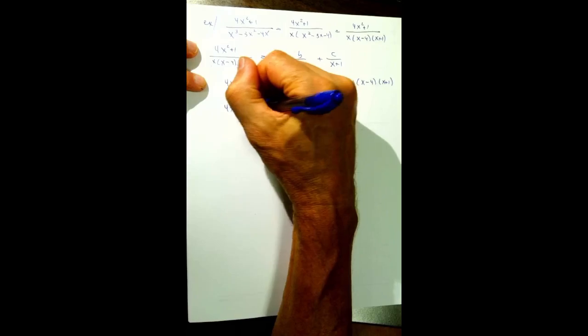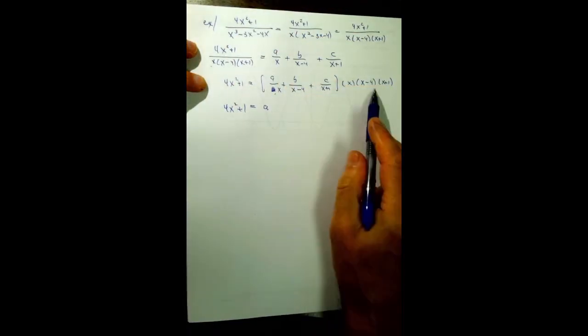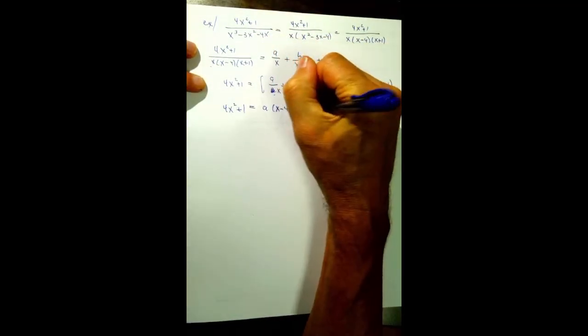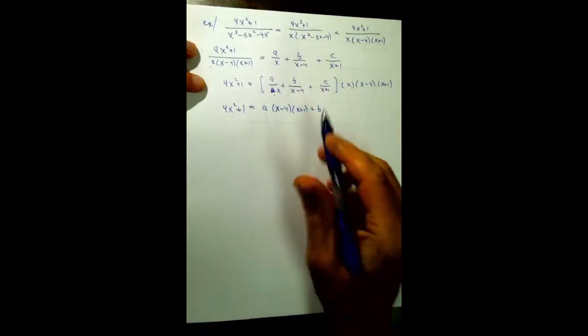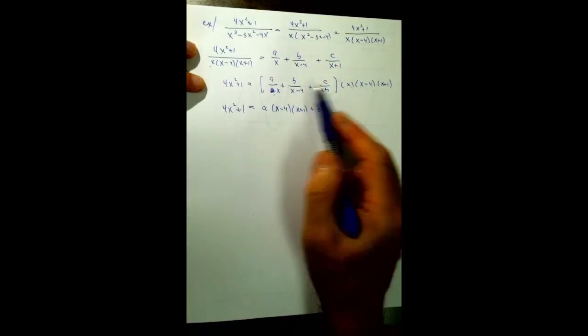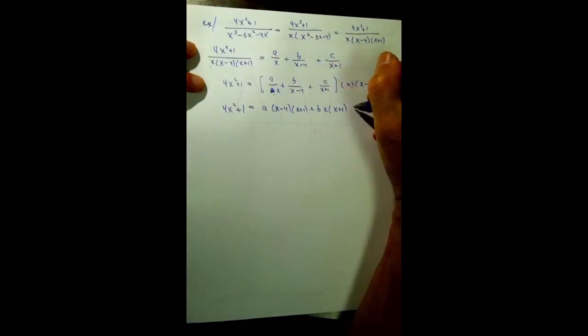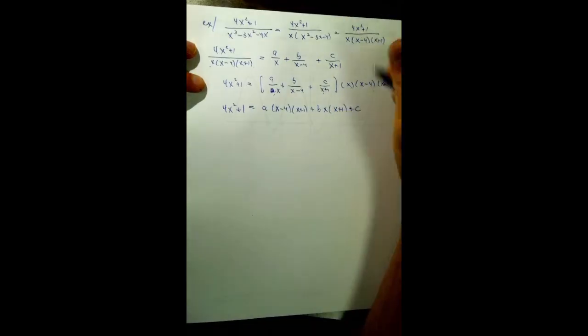So left-hand side is still 4x squared plus 1. When I multiply this through, the x's cancel, so I get a times x minus 4 times x plus 1. For the second term, the x minus 4 terms cancel, so I get bx times x plus 1 plus c. Now here the x plus 1's cancel, so I'm left with x and x minus 4.